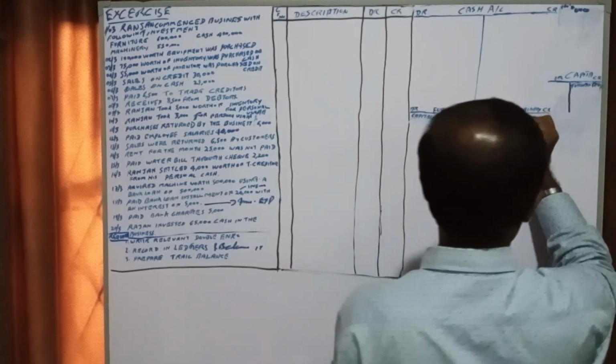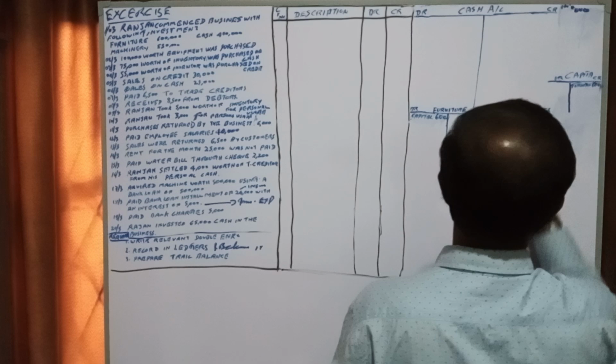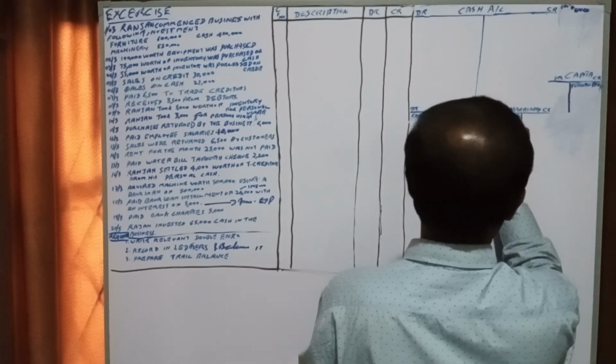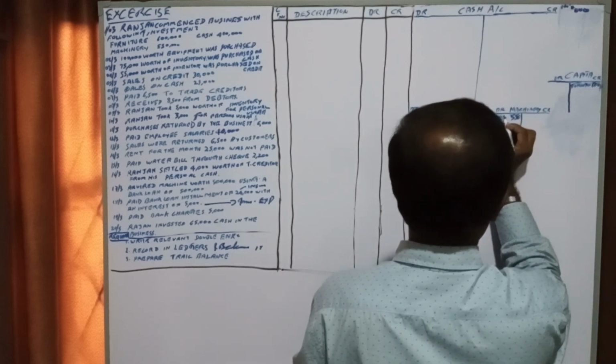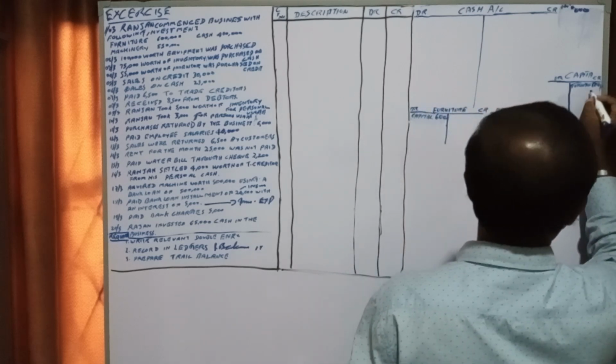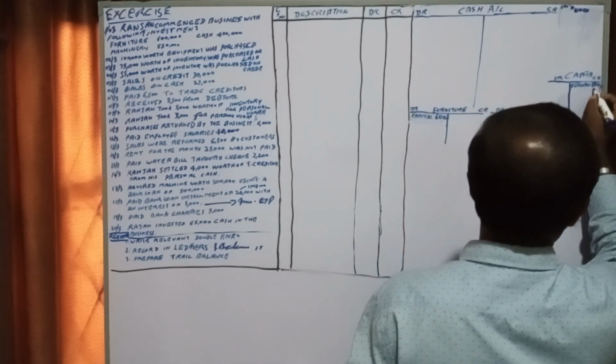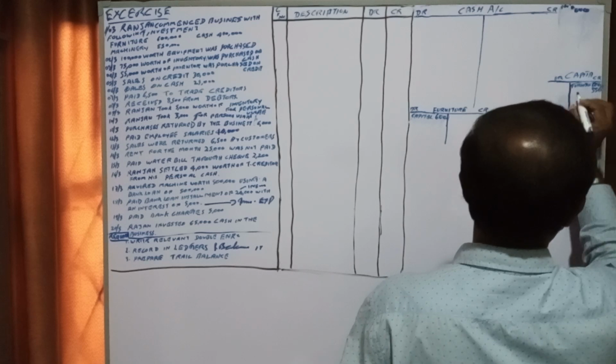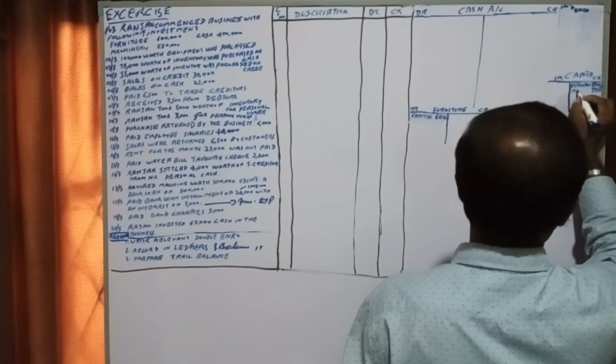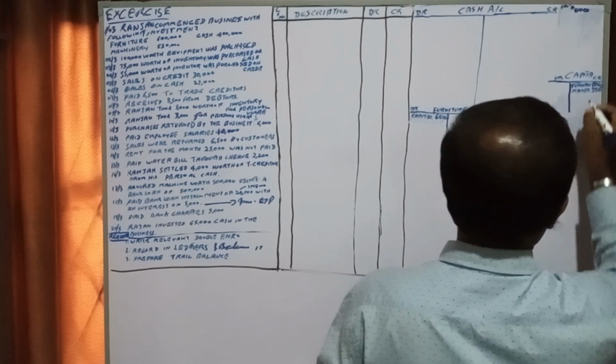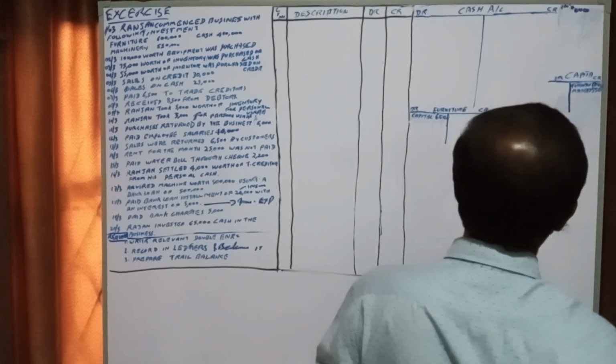Here you would say 550,000 machinery, capital.